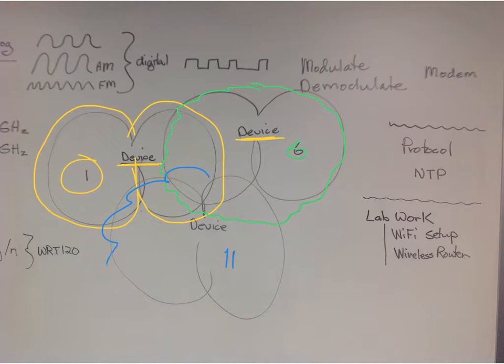So they're all in that same frequency, 2.4, but different parts of that frequency. So channel 11, channel 6, channel 1. And then if we added a channel over here, that one could be 1 again. And see, 1's not crossing over. So you could develop a whole mesh to cover an area with your Wi-Fi.